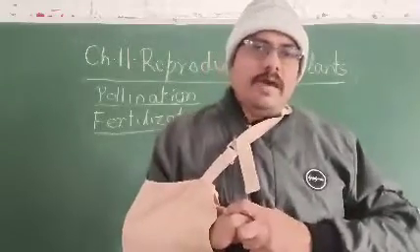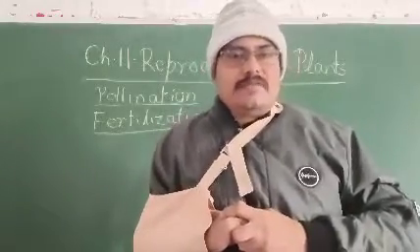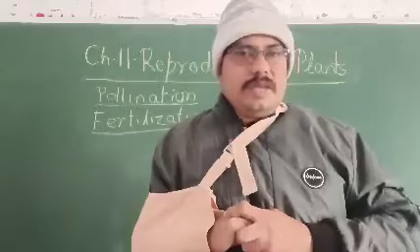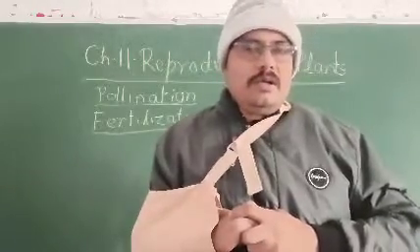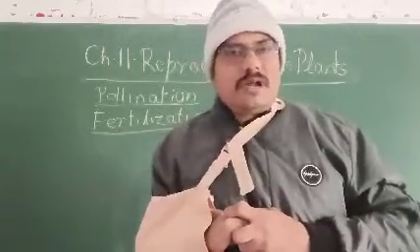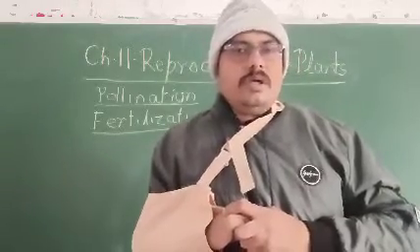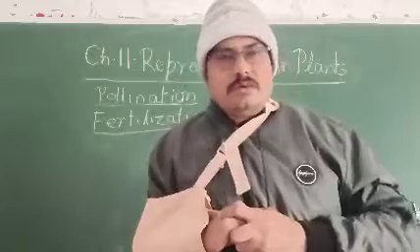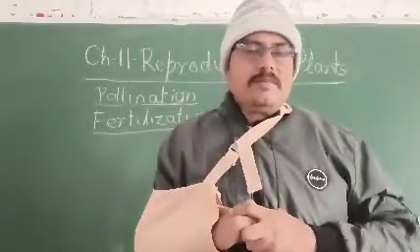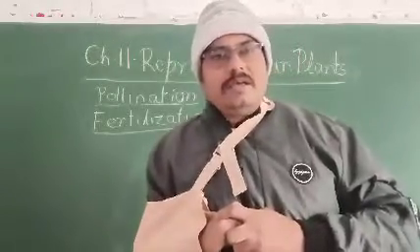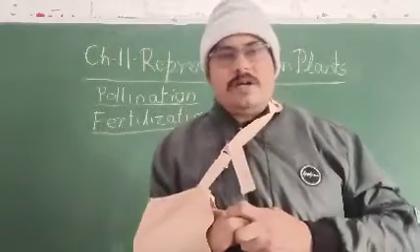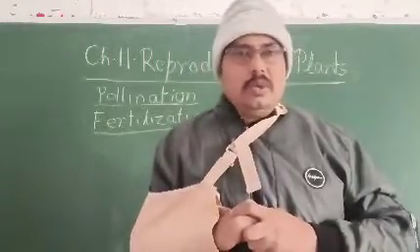Some animals also eat the fruit along with its seed, and when they throw the waste material out from their body, the seeds fall down through their dung, and there they get the favorable conditions and start germination.